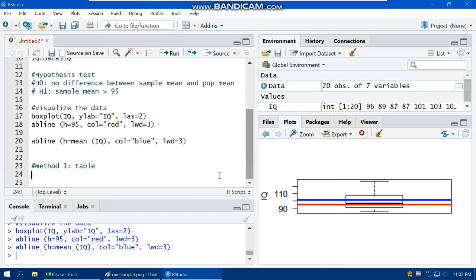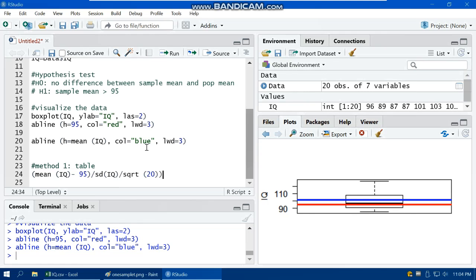We can measure the t-test. So we need mean of IQ minus the population mean, which was 95, and then I want to divide the entire numerator by standard deviation of the IQ and divide it by sqrt, square root of n, which was 20, right?